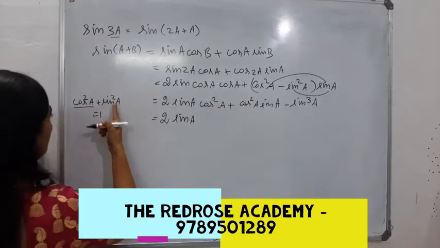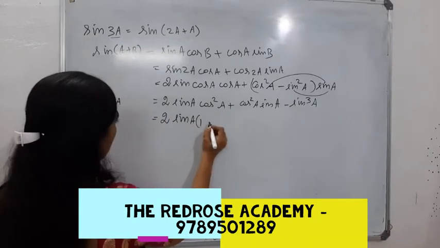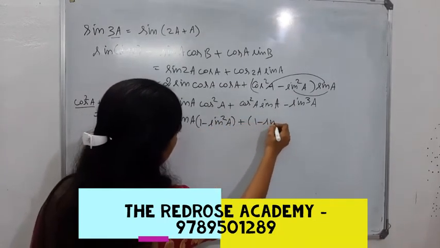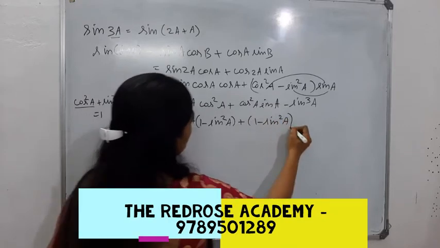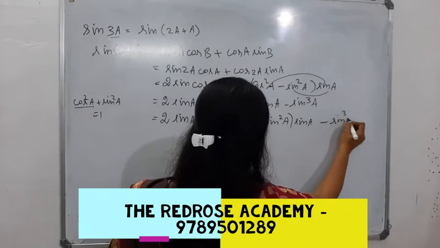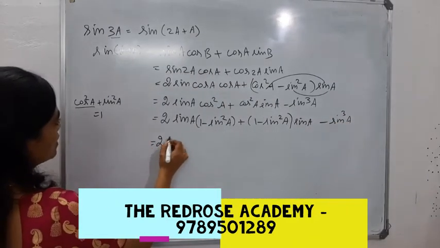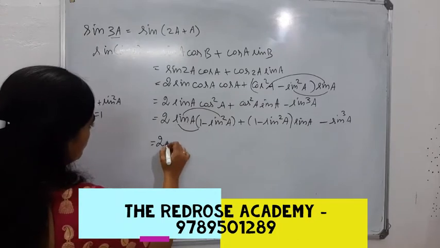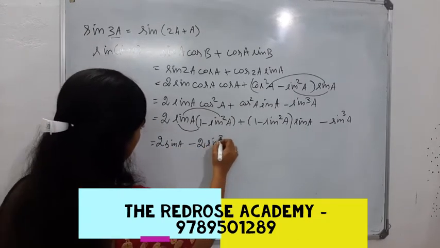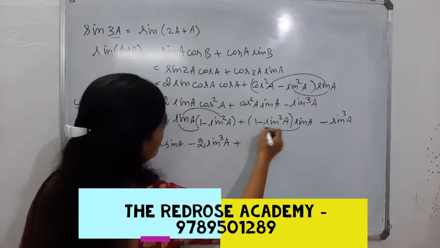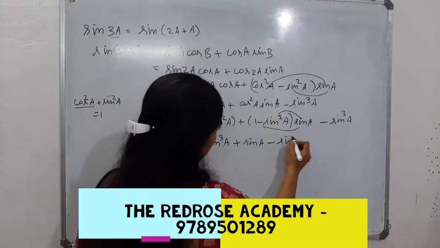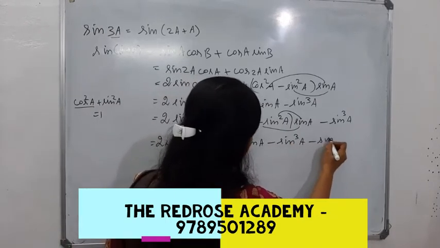So what is cos square A? For that we can write 1 minus sin square A. So 2 sin A times 1 minus sin square A, plus 1 minus sin square A times sin A, minus sin cube A. Multiplying this out: 2 sin A minus 2 sin cube A plus sin A minus sin cube A minus sin cube A.